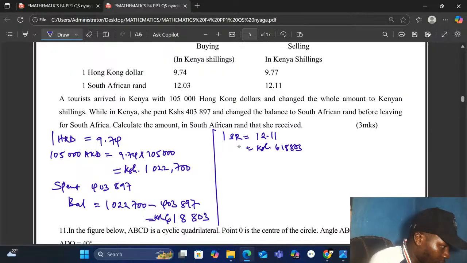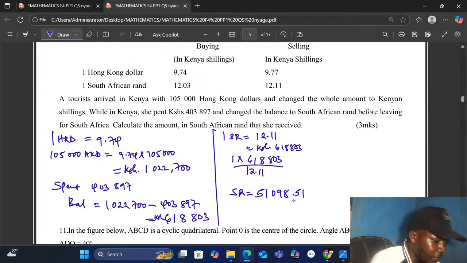We now convert, we cross multiply, so that we have 1 times 618,803, then we divide by 12.11. So the amount in South African rand will be equivalent to 51,098.51.